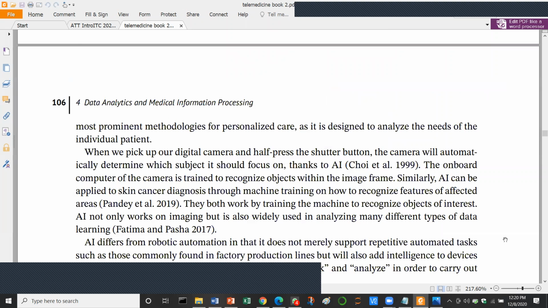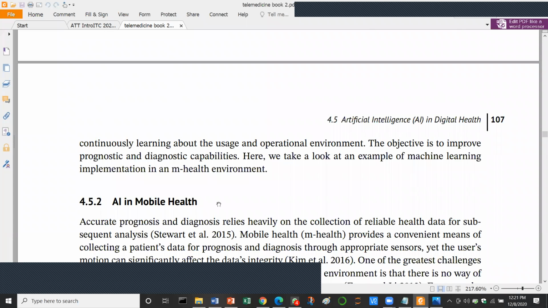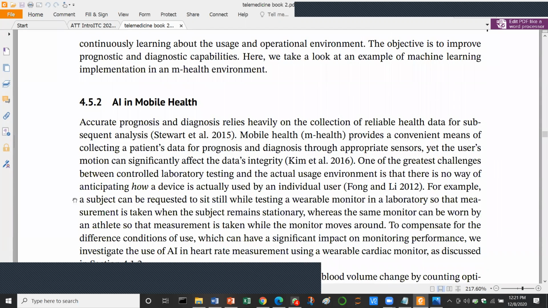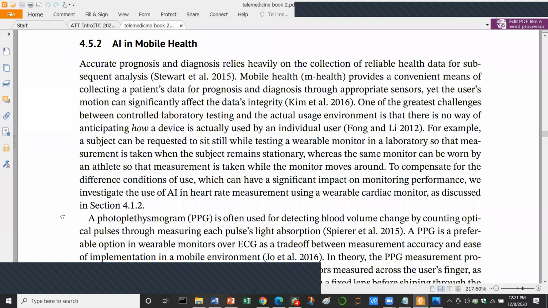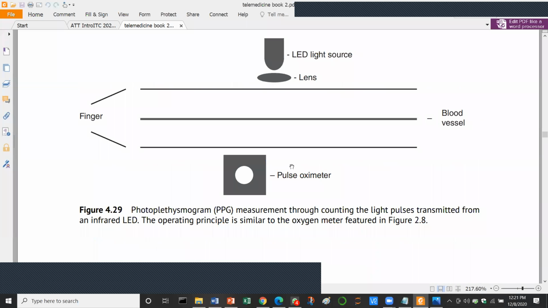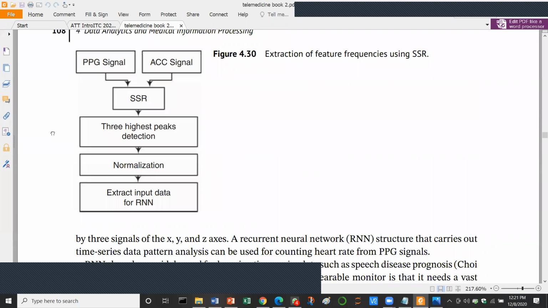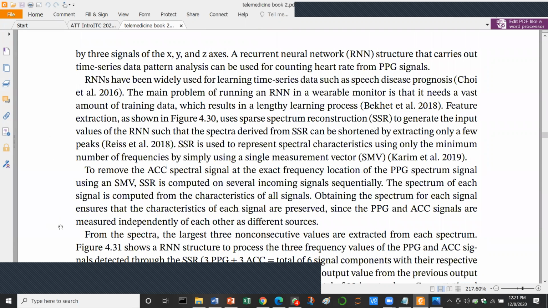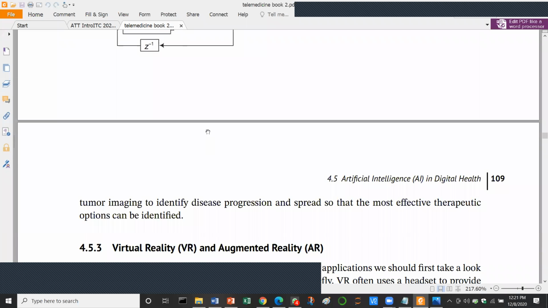Okay, 4.5. For example, this is 4.5.2, AI in mobile health. So the student group just reads these few paragraphs and the diagram if there is a related diagram, and then they come up with their points, only 2 pages.